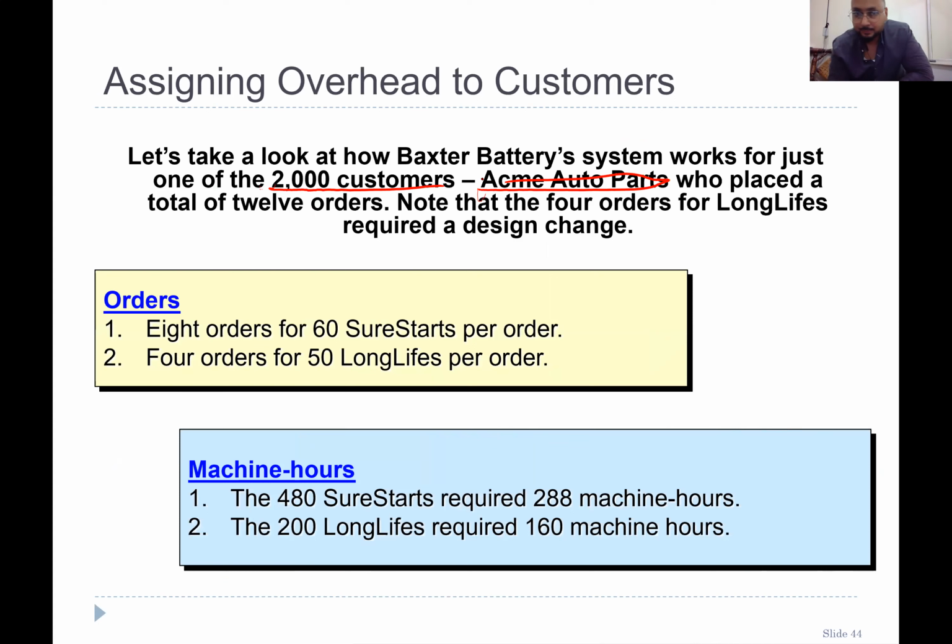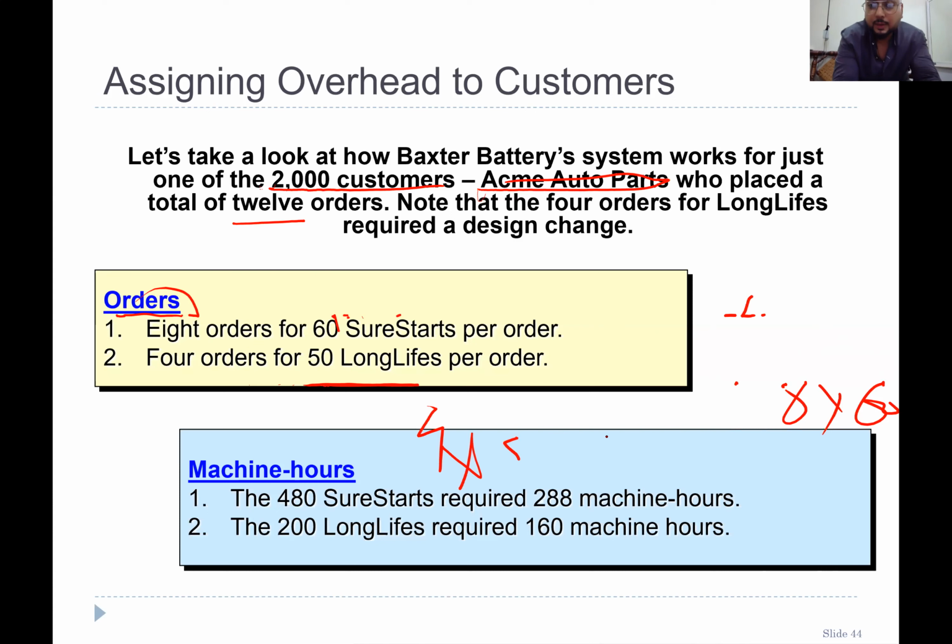Following 12 orders, in which 8 orders belong to 60 short start per order. So they gave us 8 orders. Each order contains 60 short start. So in total how many batteries do they require? 8 multiplied by 60. Right? 4 orders of 50 long life per order. It means 4 times 50.